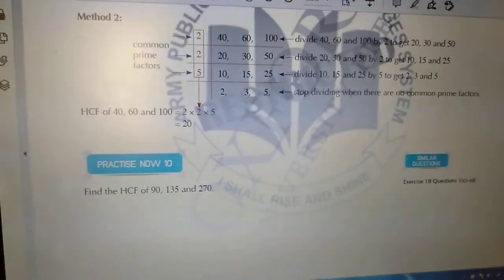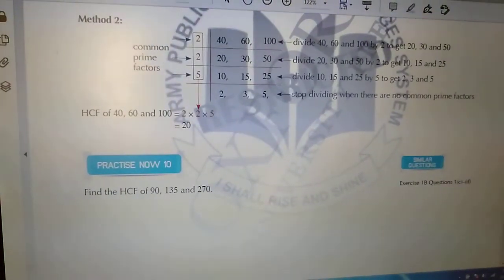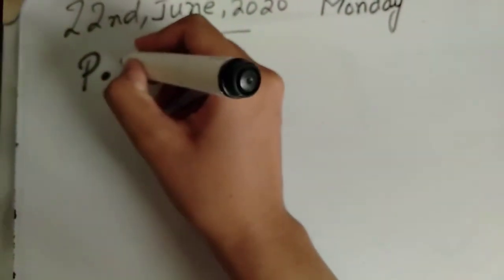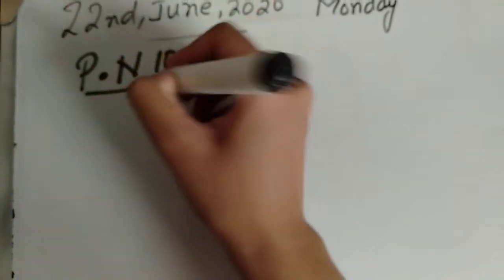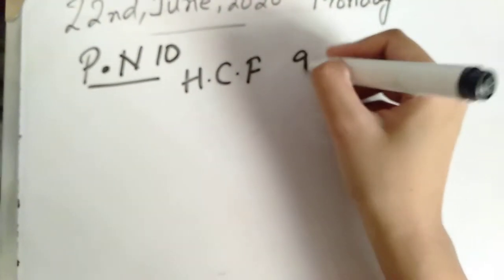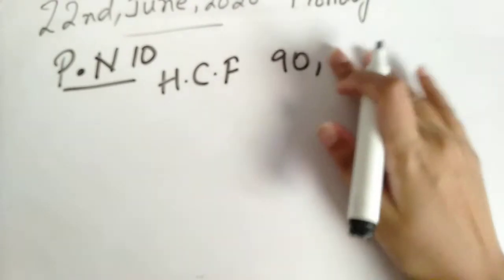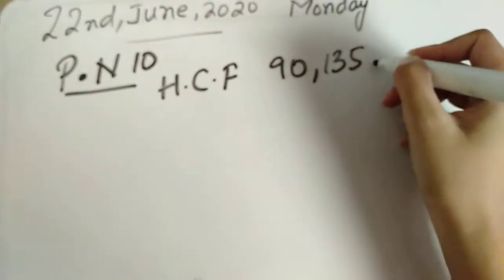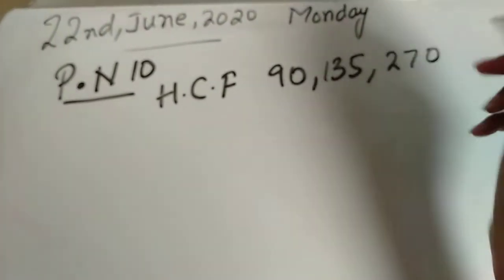Now we have to solve Practice Now 10. We have to find the HCF of 90, 135 and 270. Let's start.